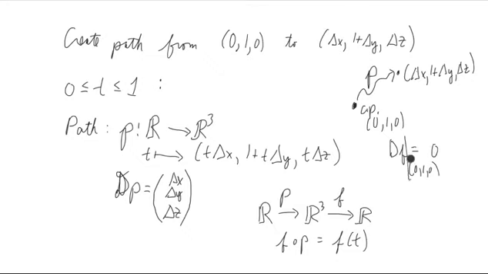Let's suppose we go to a point with change of x, 1 plus change of y, change of z. We're just adding change of x, change of y, change of z to that first point. Now let's consider any path we can take from that critical point to there.